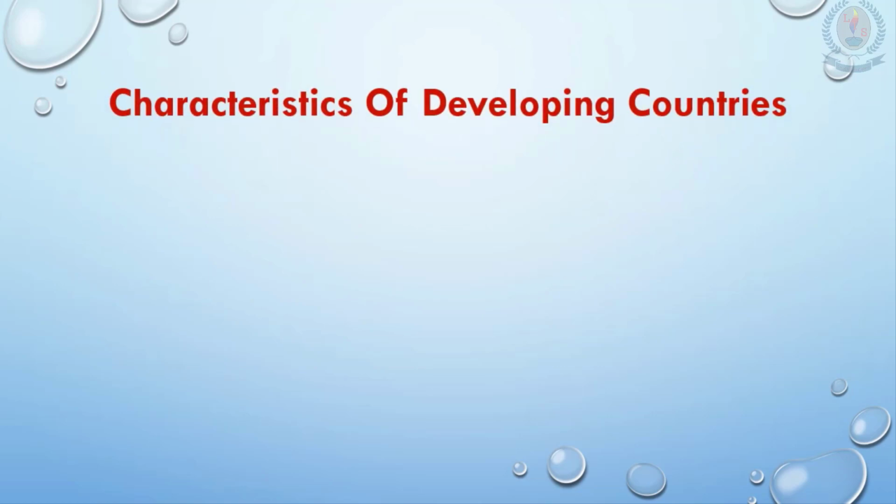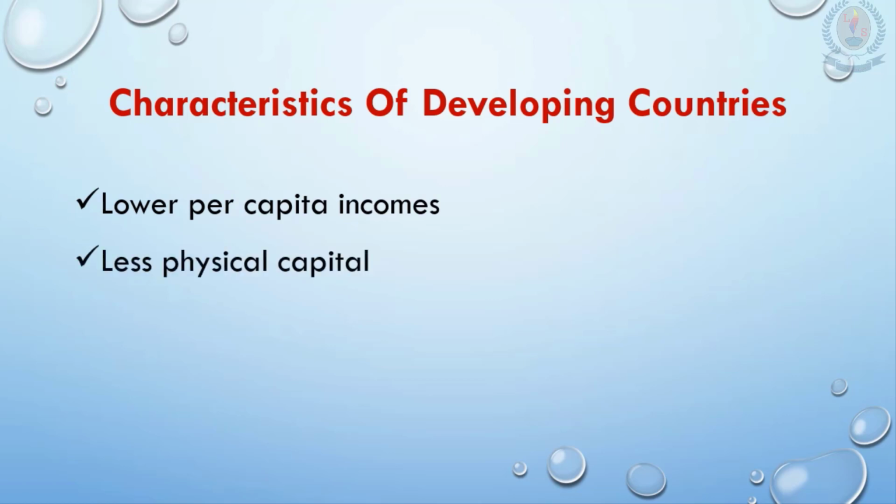Characteristics of developing countries. Low per capita incomes. Output per person measured in money terms and the incomes received by citizens on average are lower than in developed countries. That is one major feature of developing countries. Less physical capital.